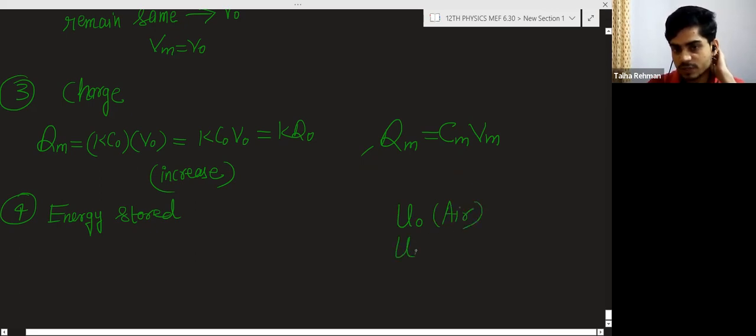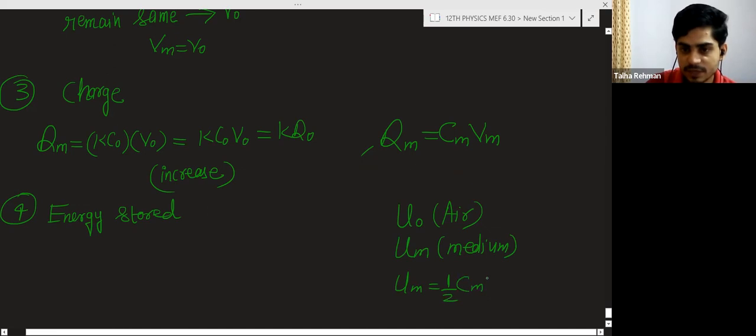Now I am using Um because the plates are in some medium. So the formula will be half Cm, capacitance in medium, into potential in medium squared. So Um is equal to half Cm Vm squared. Cm is K times C naught, and Vm is not changing. So this becomes K times U naught, which means this is also increasing.